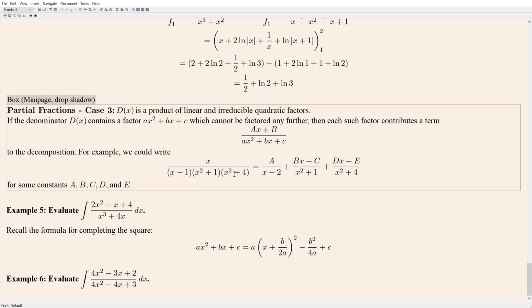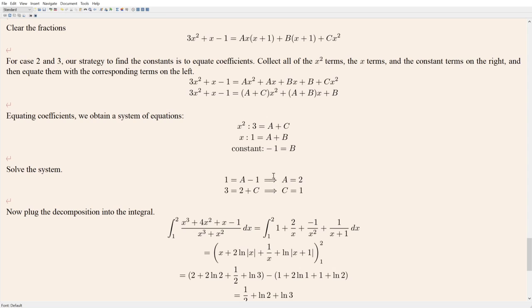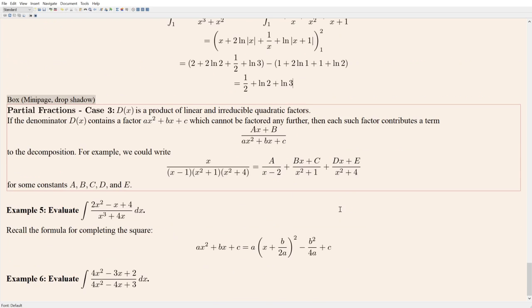But the irreducible quadratic terms get their own factors in the partial fraction decomposition, but their numerators have to be linear rather than constant. So that is the major difference. Aside from that, the rest of our procedure is pretty much the same. In particular, when it comes to figuring out what these constants are going to be, we're going to be equating coefficients, like what we did over here.